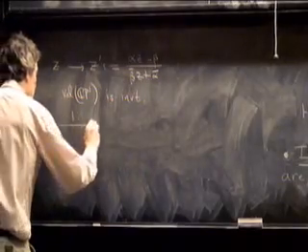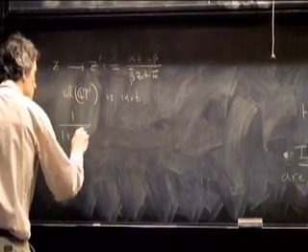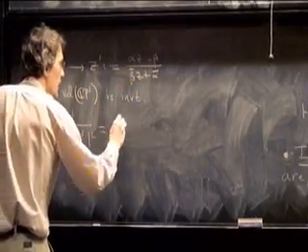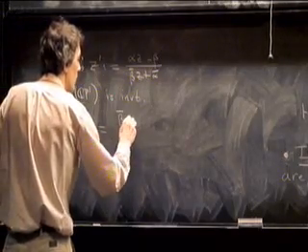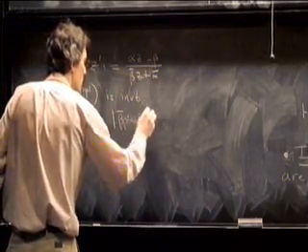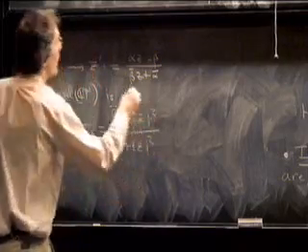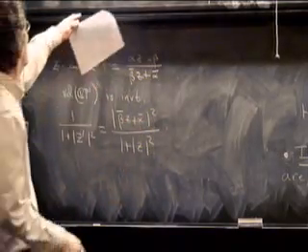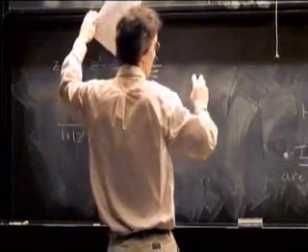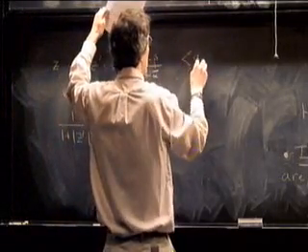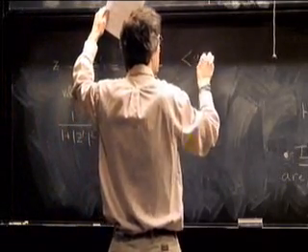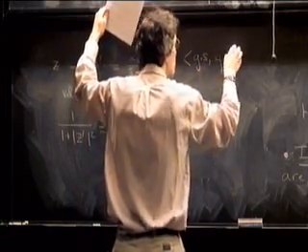And you can also check that 1 over (1 plus |z prime|^2) is equal to |beta bar z plus alpha bar|^2 over (1 plus |z|^2). So you want to calculate (g dot s, g dot s).